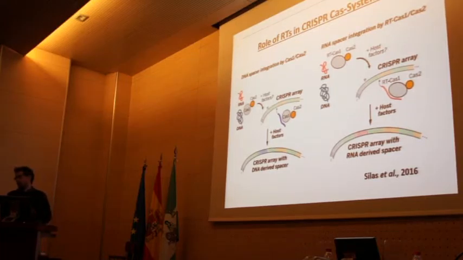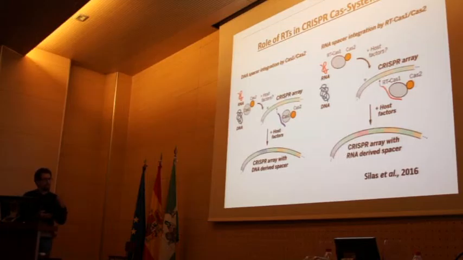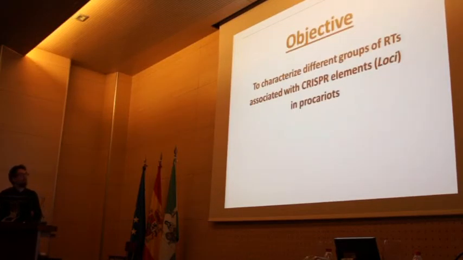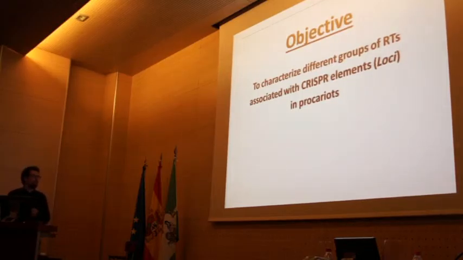But this function isn't clear. What is the real function of the RTs in CRISPR-Cas systems? This is the objective of our work: to characterize different groups of RTs associated with CRISPR elements in prokaryotes.